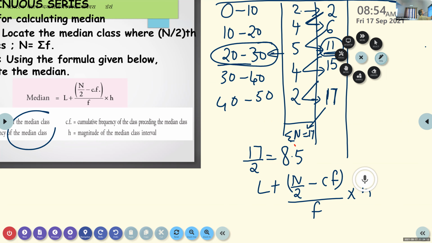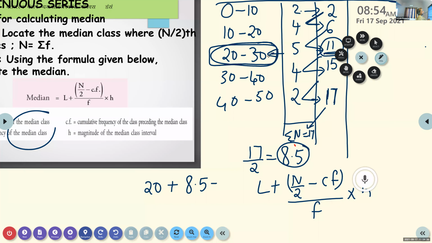This model class lower limit is 20. Okay. So 20 is taken, plus n by 2 we got already before, that is 8.5. What is the cumulative frequency here? Please put it in the chat box.